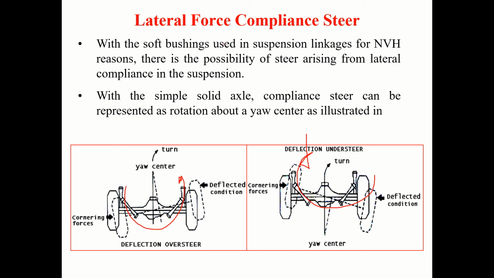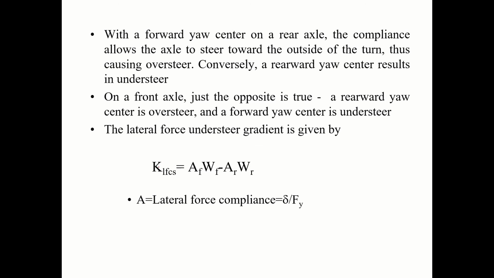Okay, with the soft bushings used in suspension linkages for NVH reasons, there is a possibility of steer arising from lateral compliance in the suspension. You please see here, it is not in the front plane, it is about this, yeah, z axis. About this point it will rotate because of these lateral forces, that is given by this one.